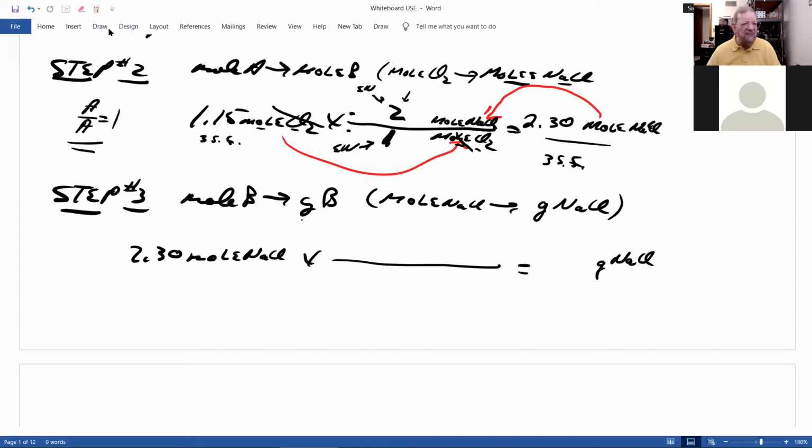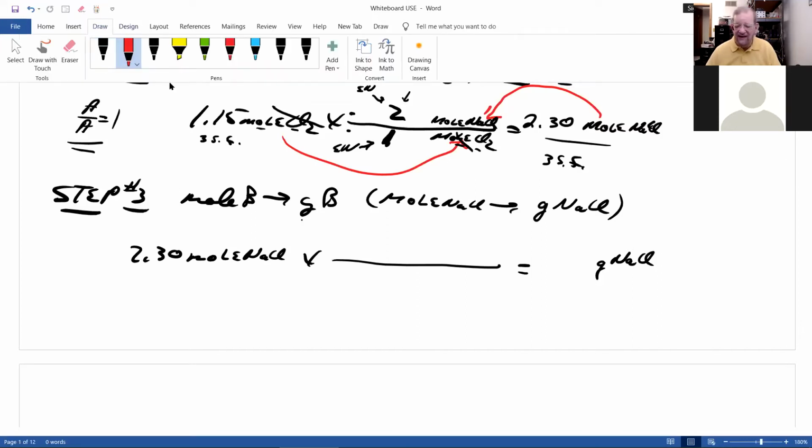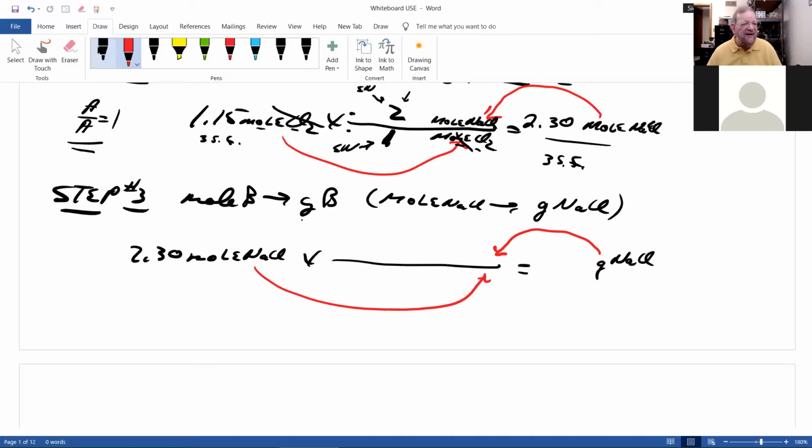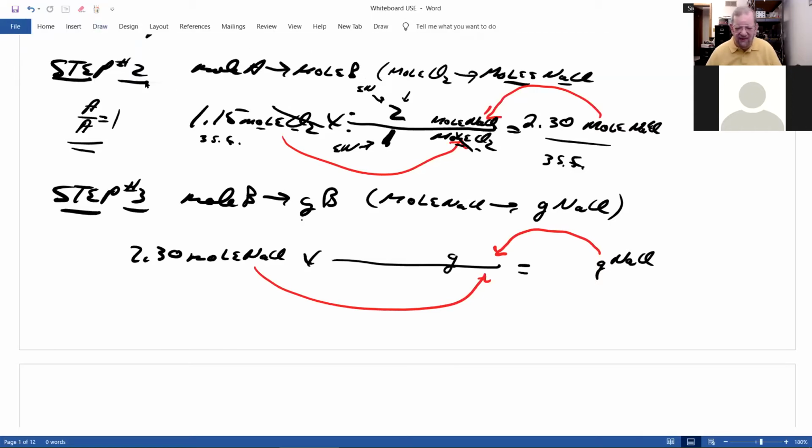And I'll use my good buddy, the ratio. Whatever I'm trying to get to goes on top of the ratio. Whatever I'm trying to get rid of goes underneath. And now I'll write those units in, grams of sodium chloride and moles of sodium chloride.